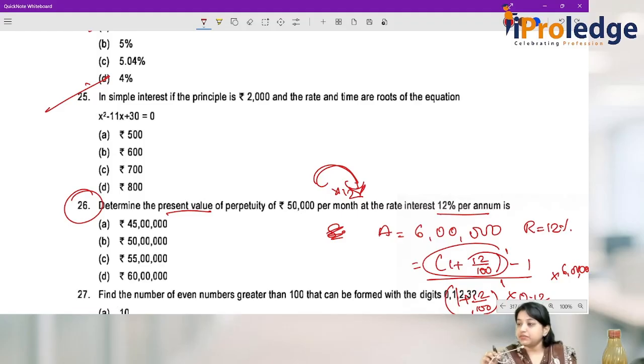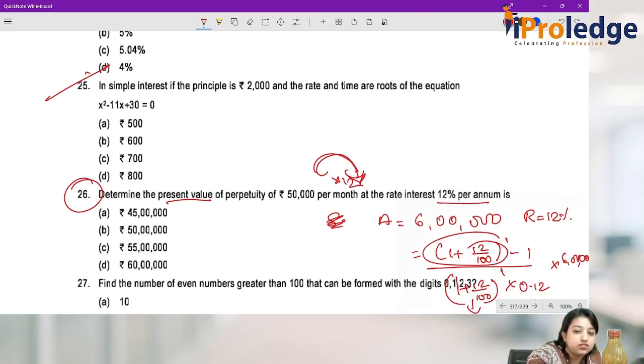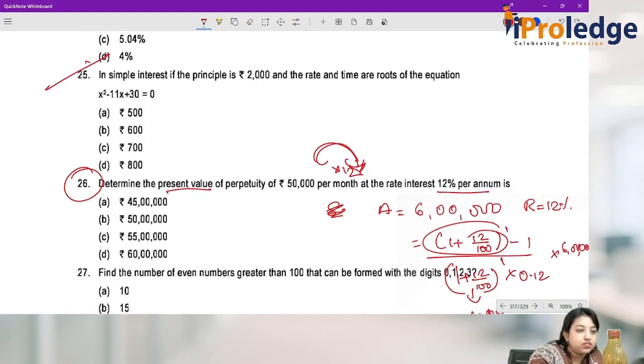The rate and time are the roots of the equation. Take 12% per month? We have 50,000 per month, so we take 12% per month?